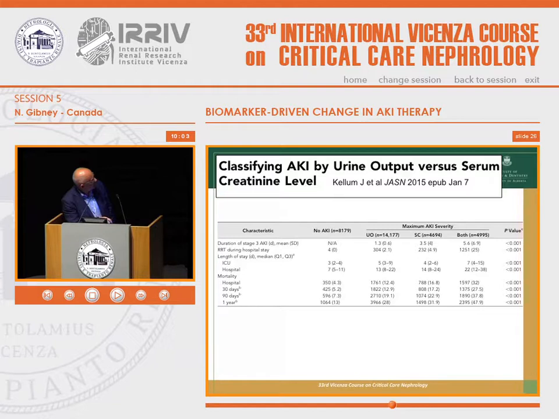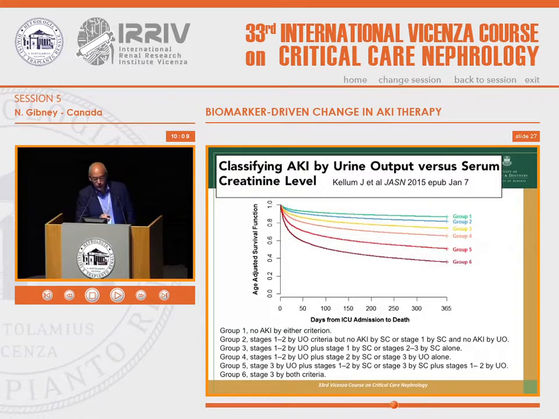Likewise, as we would expect with KDIGO guidelines, the same happens with creatinine, and markedly so with both. And looking at the different groups here, again, as we see more injury, mortality increases significantly.